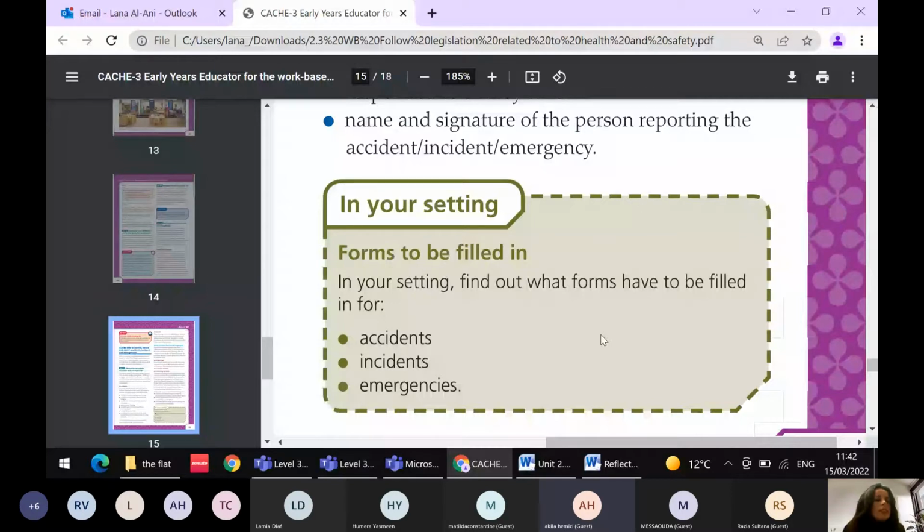So, for example, threatening behavior of an adult, a parent or visitor. So what would you do? Let us say one of the parents comes to say, why did you treat my kid in a bad way, and starts shouting and yelling at you, very aggressive towards you.